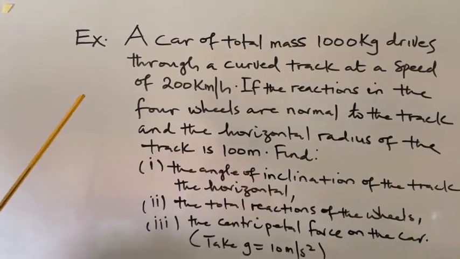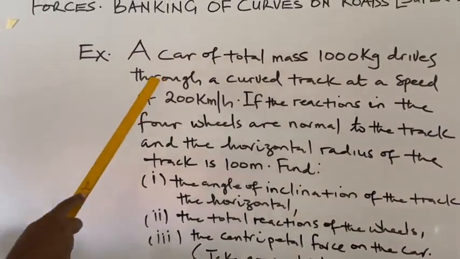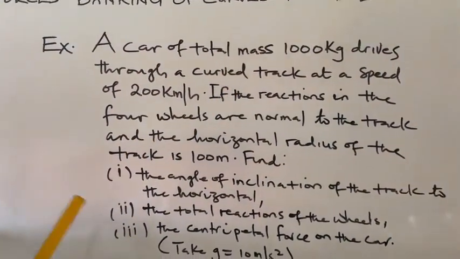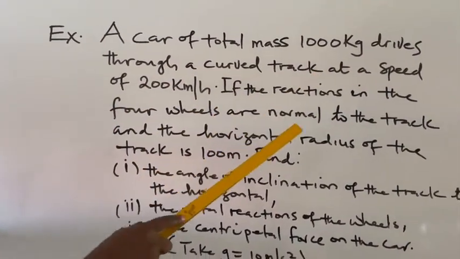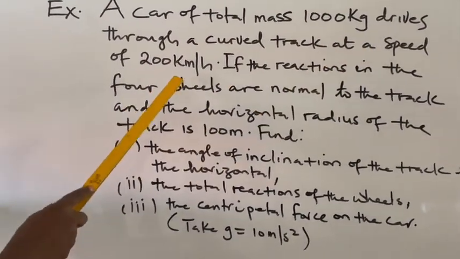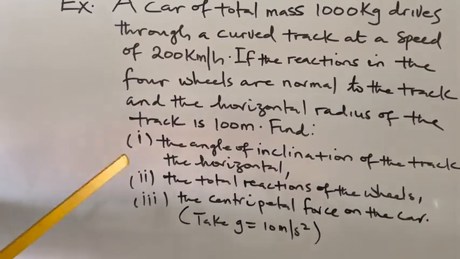We have an example. A car of mass 1,000 kilograms drives through a curved track at a speed of 200 kilometers per hour.